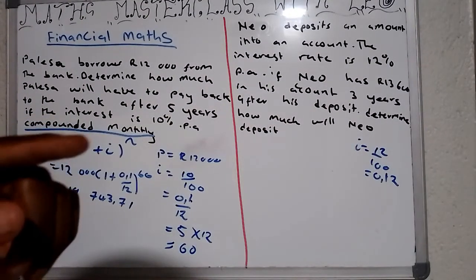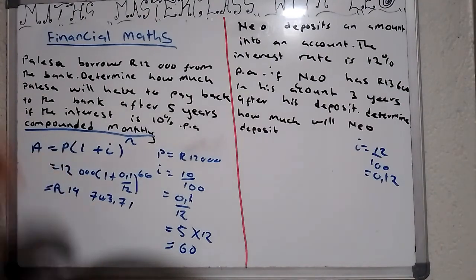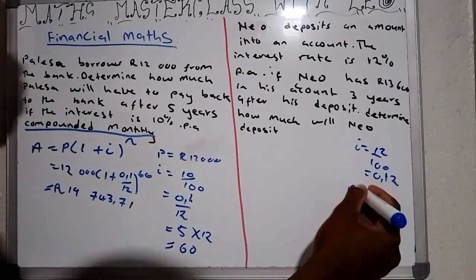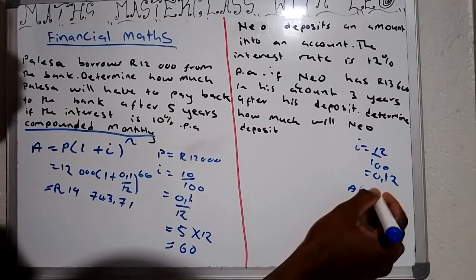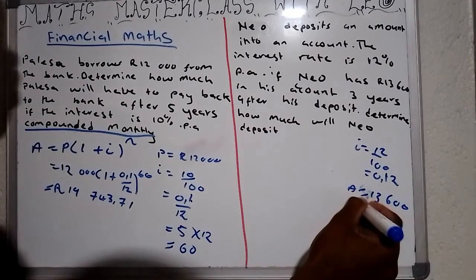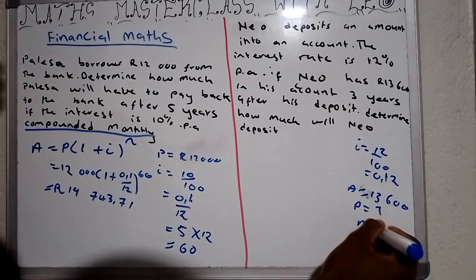Which amount is that? In this case, it is the future amount. It is the value of A, right? The value of A is 13,600. Right? And then, do you have P? No, we don't have the value of P. But we also have the value of n, which is 3 years.